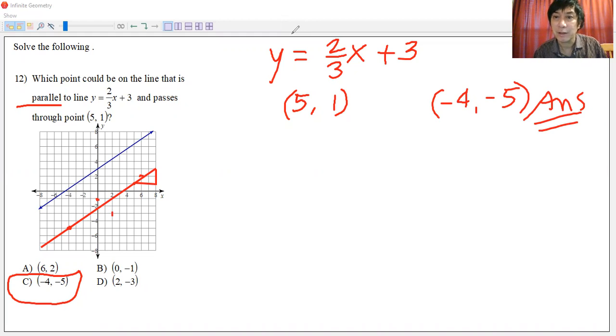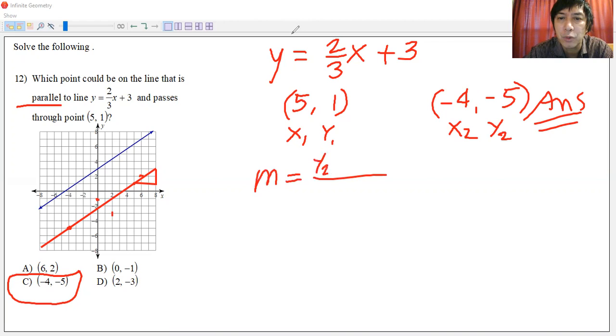There is. Using these 2 points, 5, 1 and -4, -5, if we use the slope formula, we should come up with 2/3. So let this be our x1, y1, and our answer here, let's label x2, y2. Our formula for slope is y2 minus y1 over x2 minus x1. Compute.